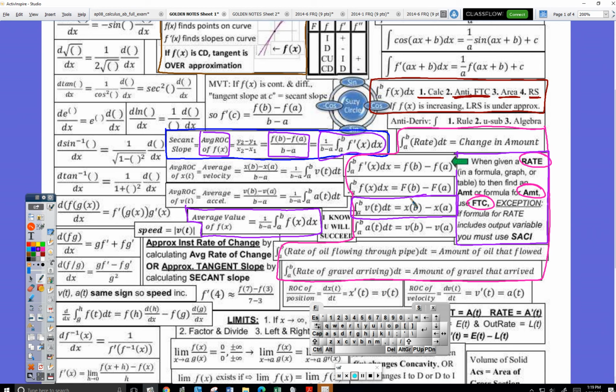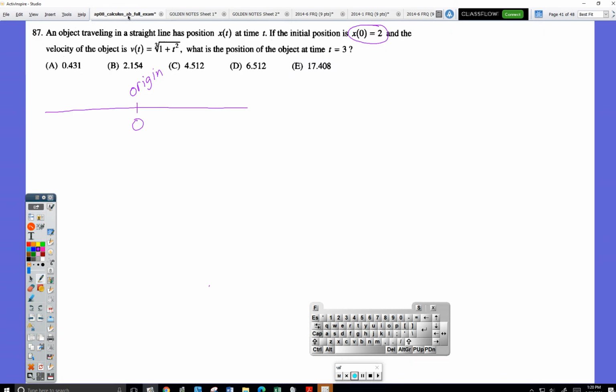But like the integral, do you do it from 2 to 3? Let's write that down. So the integral of what? What are you integrating? Integrating the velocity. Good. Let's pause there for a second. Look at your golden notes again.